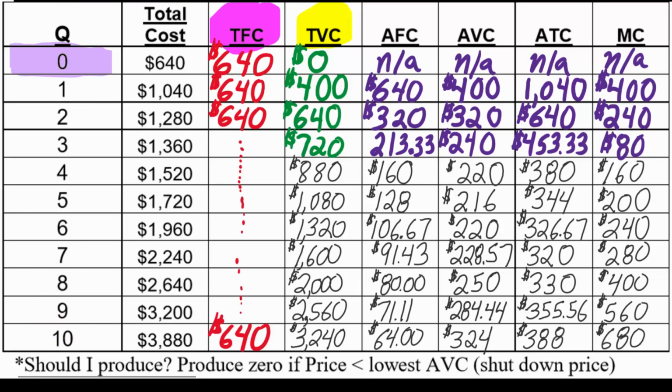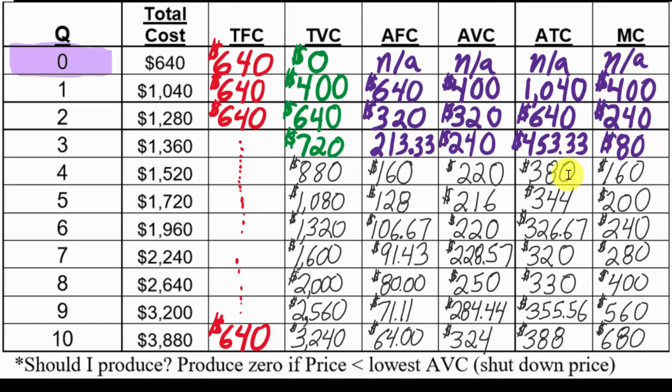If we take the variable cost per unit, the average variable cost, and the fixed cost per unit, and we add those 2 together, we get the total cost per unit. So here we see for 4 units that 160 plus 220 equals $380 per unit for the total costs. So sometimes that can be a slightly more convenient way to calculate the average total cost.